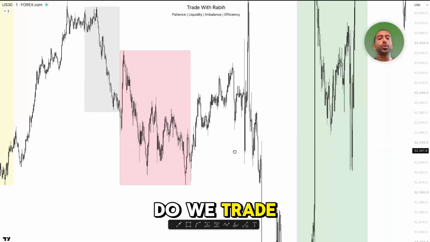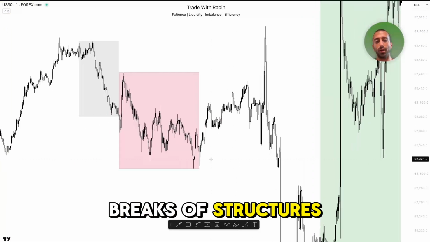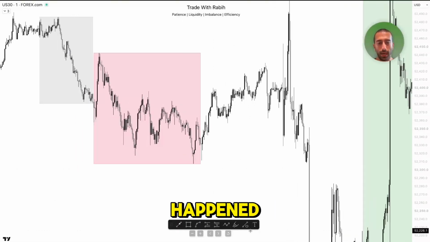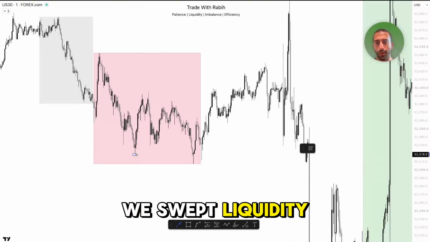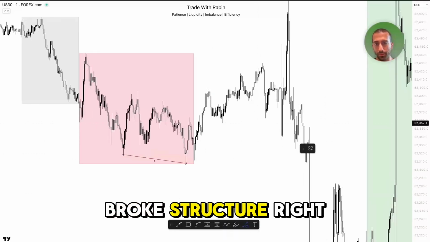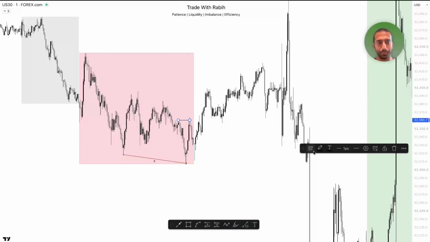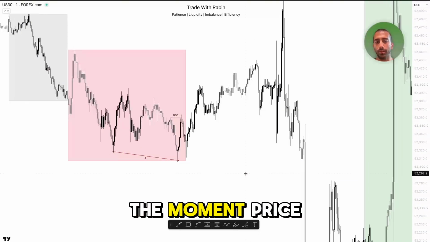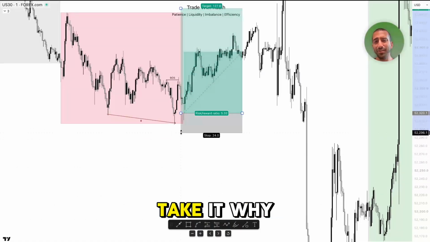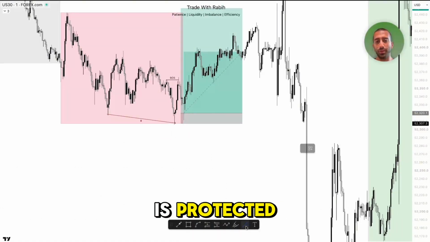Okay, now how do we trade breaks of structures and valid breaks of structures? Easy. Okay, now here what happened? We swept liquidity, right? And then we broke structure right here. That means that the moment price comes to this zone, it will never take it. Why? Because the low is protected.